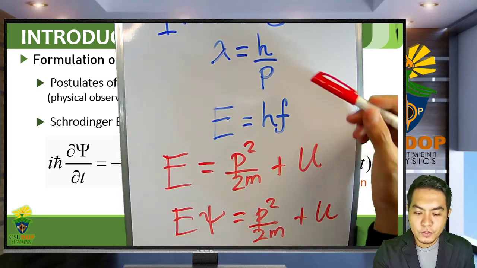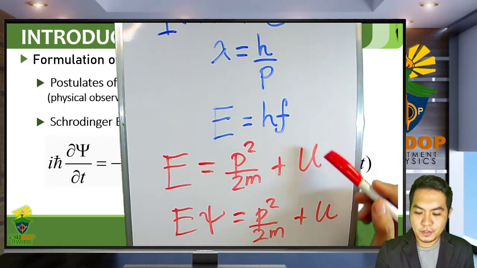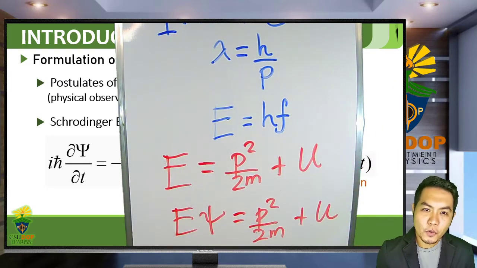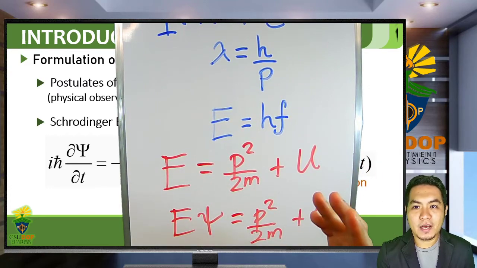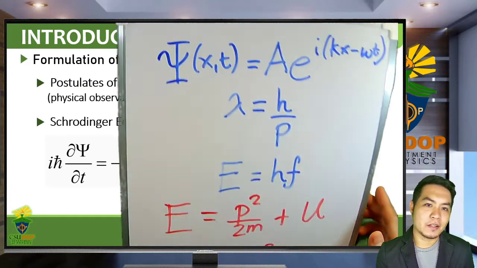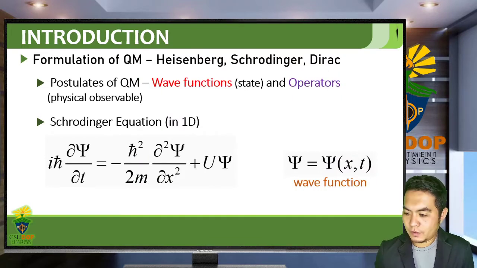And using the quantum mechanics results and the total energy operator, we can derive the Schrödinger equation. So actually, I'm sure you have already done this.